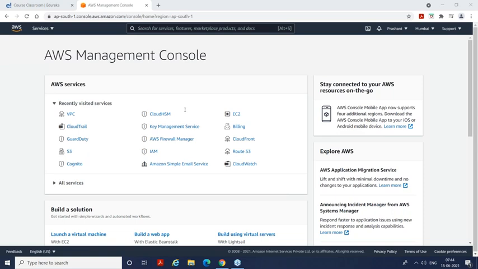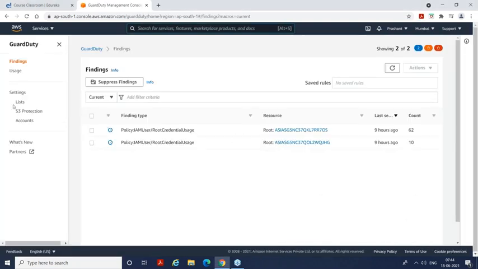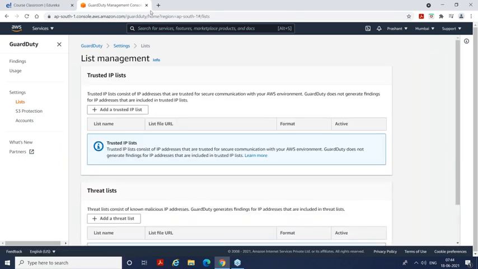So for that I need to log in to the dark web and check. That can be my genuine business ask, right? If that is your genuine business ask, then under the list here you can add a trusted IP address, so that you don't get those kind of findings, or those kind of findings can be ignored. Are we clear?